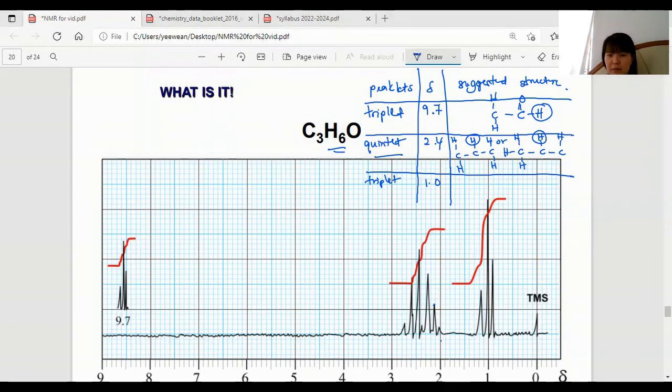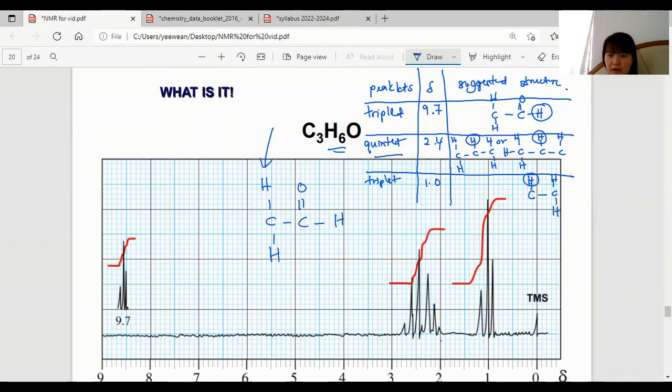Next is a triplet. So this proton, triplet means 2 neighbors. Okay, so I have broken pieces like this and I need to overlap them. Let me just draw the confirmed structure first. So for sure I have this. Now, which can this be?